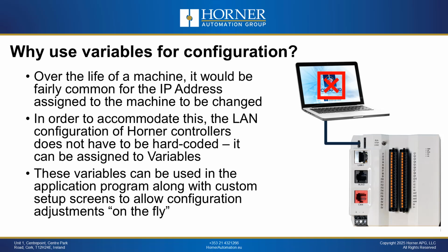So as changes are made over time in your original program, you could utilize those variables to create some custom screens, or maybe a custom screen on a SCADA package or HMI that would allow these IP addresses and those sort of Ethernet parameters to be changed.